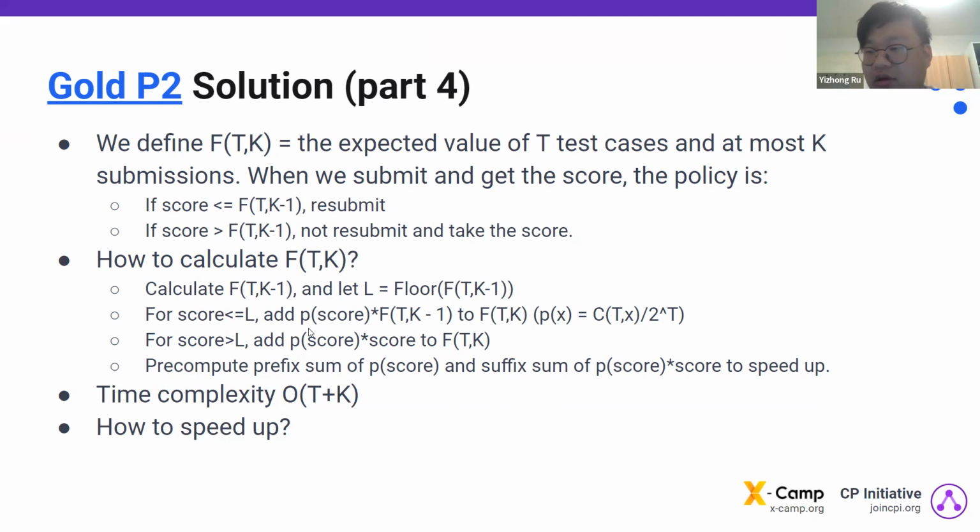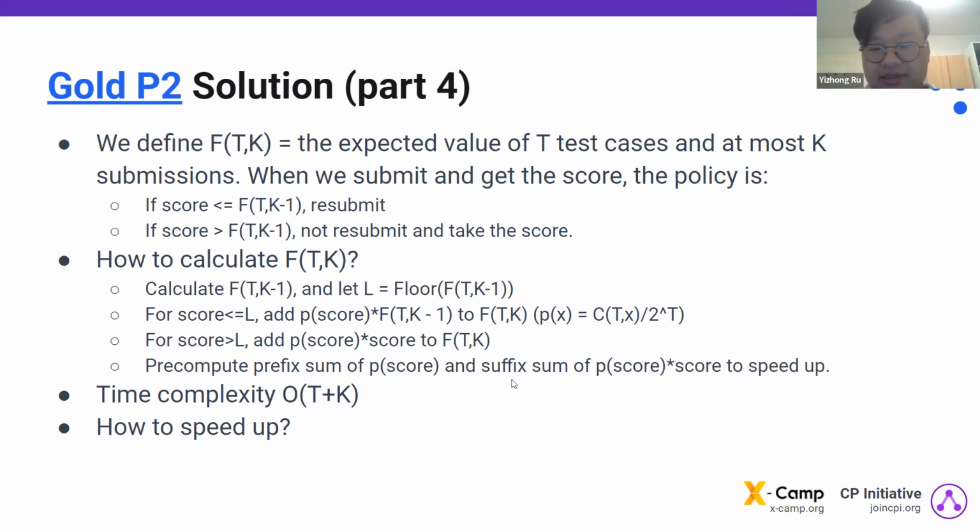We always use the prefix of P score, so we pre-compute the prefix sum of P score and then multiply by FTK minus 1. We add this term to FTK. And we always use the suffix of P score times score, right?